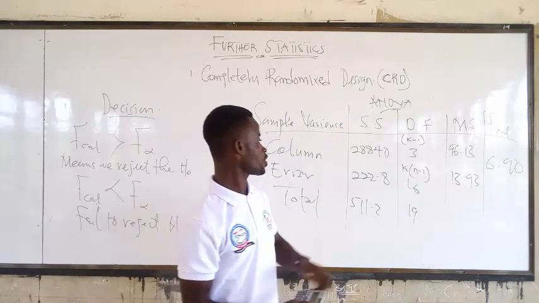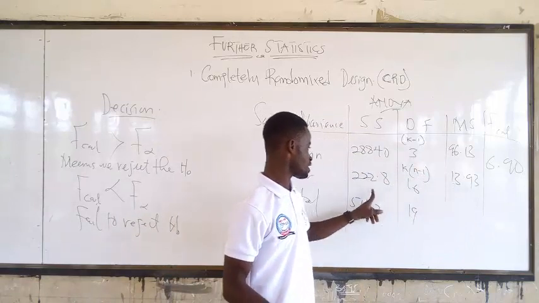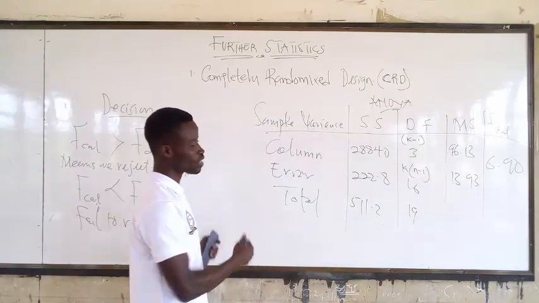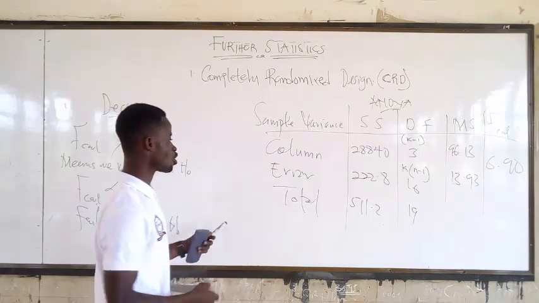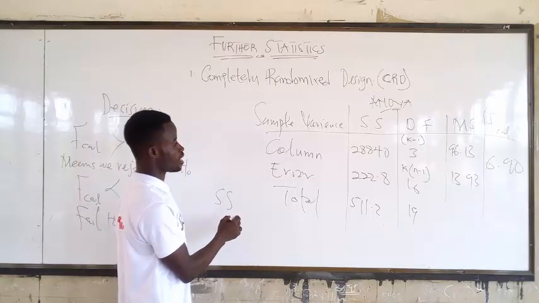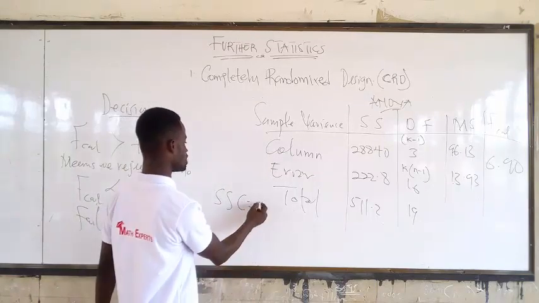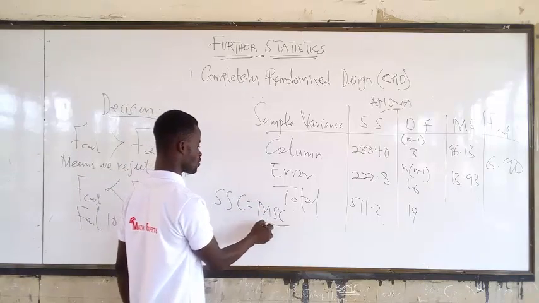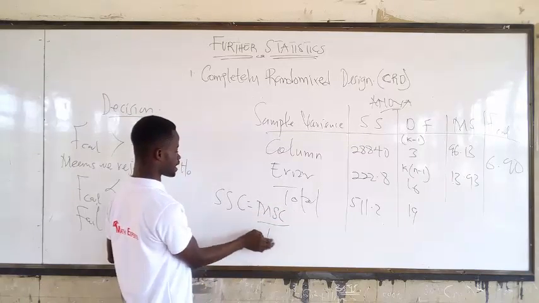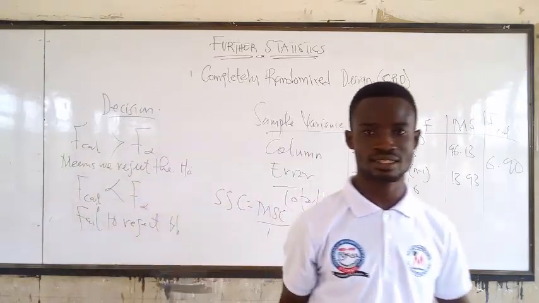When you multiply this by this, you get this. And the reason is from where the formula is coming from. You know that sum of squares column is equal to the mean square column times the degrees of freedom. So if you multiply this by this, you come back to this. Alright, see you for the next video.